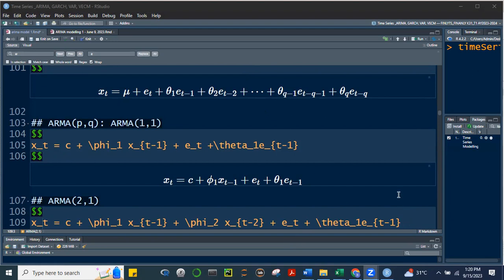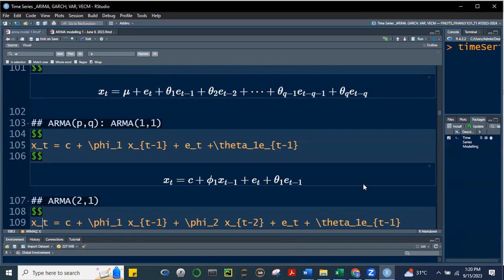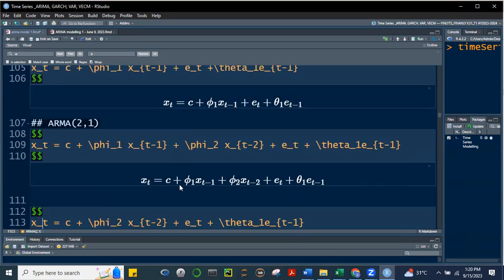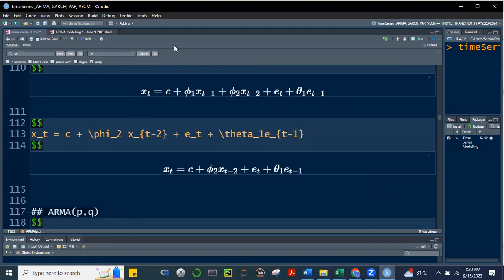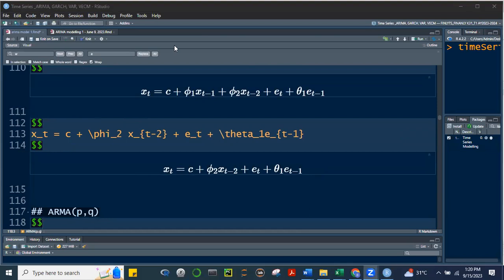All right, then how about an ARMA 2-1? So an ARMA 2-1 will just be lag 2 of your AR process. So take a look at this, x sub t minus 1, x sub t minus 2. That's phi1 and phi2. And then you have one lag for your moving average. All right, may I ask the class, kindly write in the chat box what type of ARMA model this is. So you type ARMA, then open and close parentheses. What's the model here?